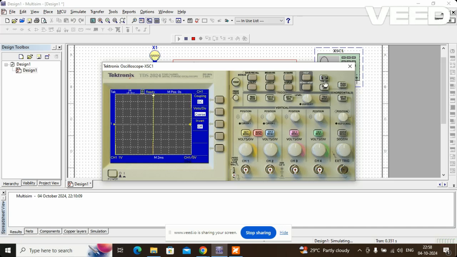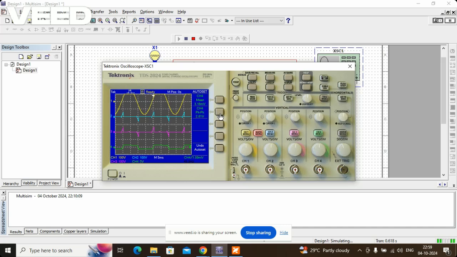Channel 1 is used for the input voltage. As you can see, there are 4 channels. Let's cut the input voltage for some extent. Because this is 120 volt, we can always change the position so that it is not out of the scope.